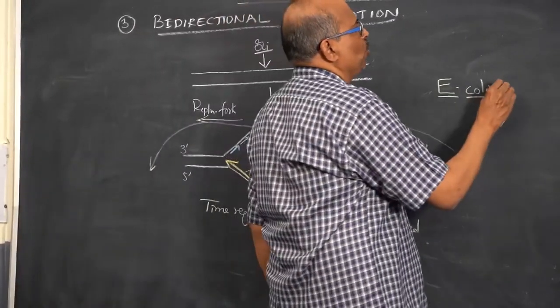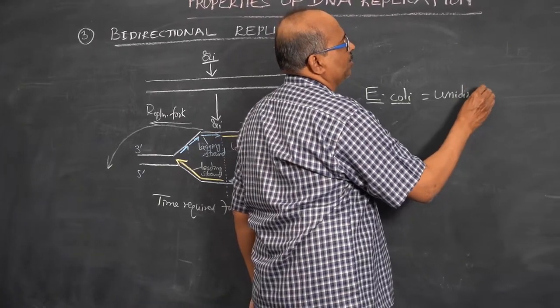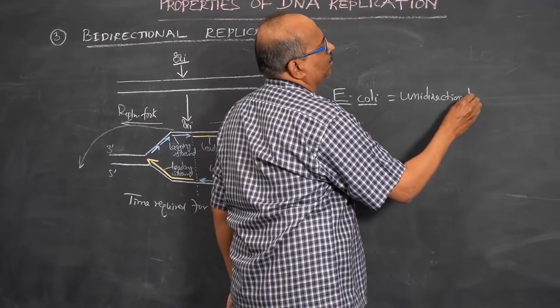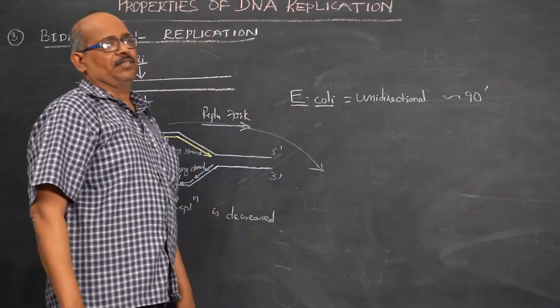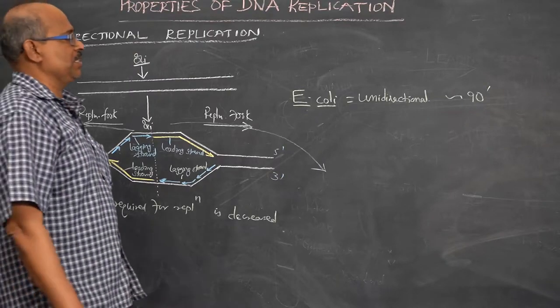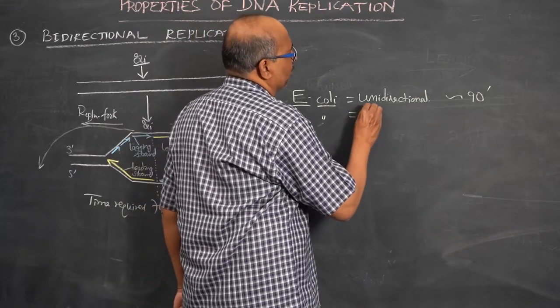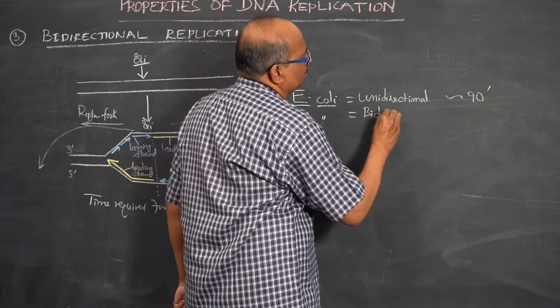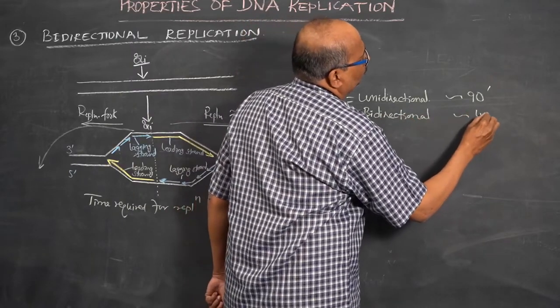If it is unidirectional replication, where replication moves only in one direction, it requires about 90 minutes. That's 1.5 hours you need for the complete replication of the 4.6 million base pairs. In the same E. coli, under normal conditions where the replication is bidirectional, you need about 40 minutes.